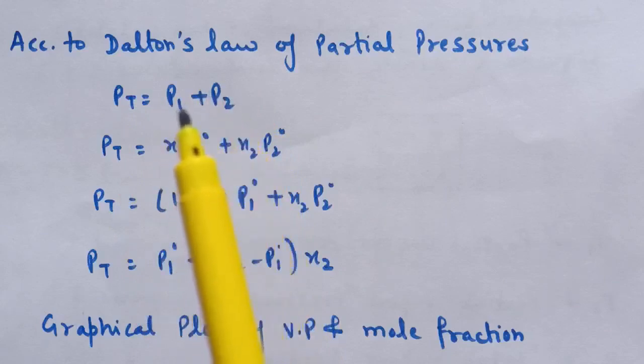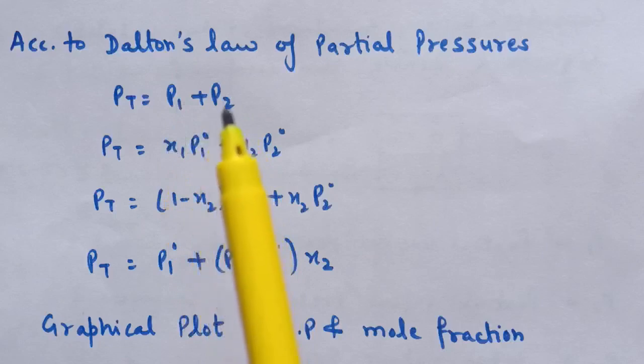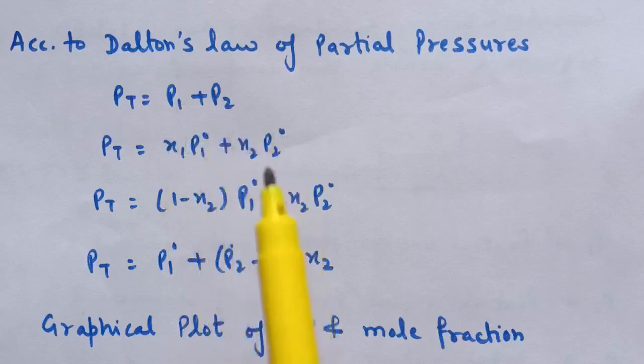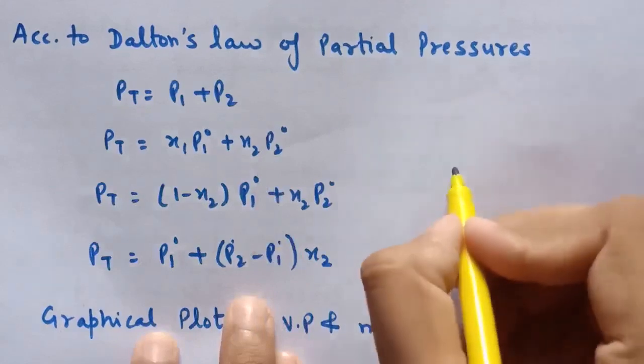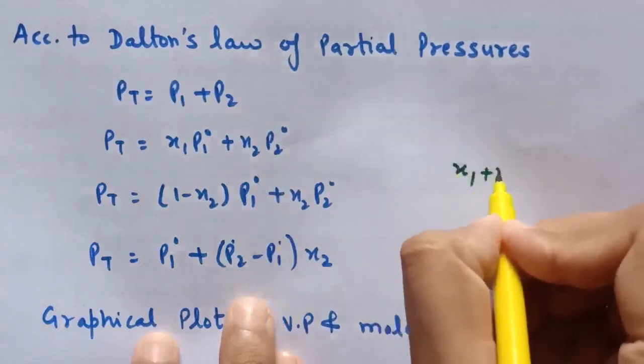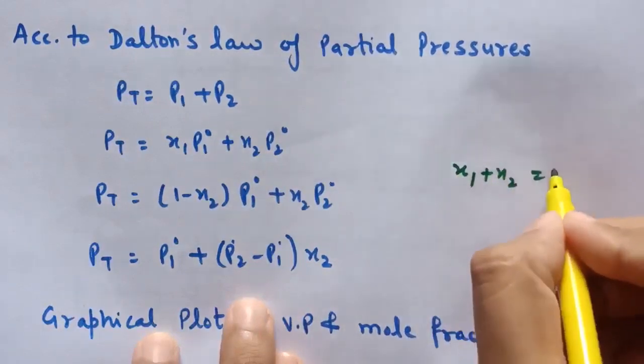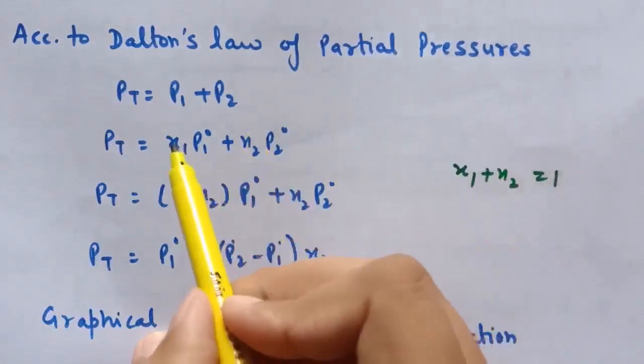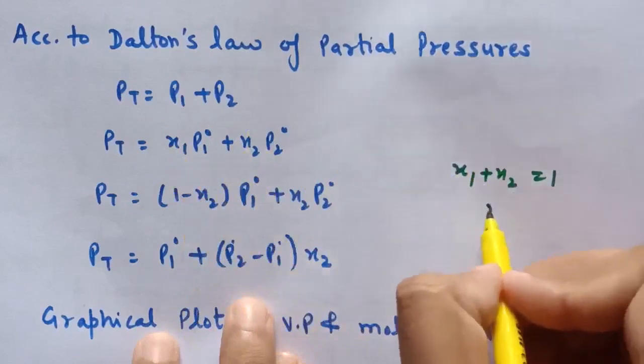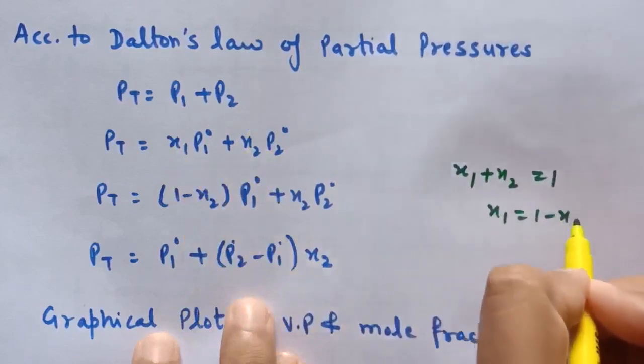So from Raoult's law, the expression of P1 is x1 into P1 naught and the expression for P2 is x2 into P2 naught. Now as we know, the sum of mole fractions of two components is equal to 1. So here we are replacing x1 by 1 minus x2.